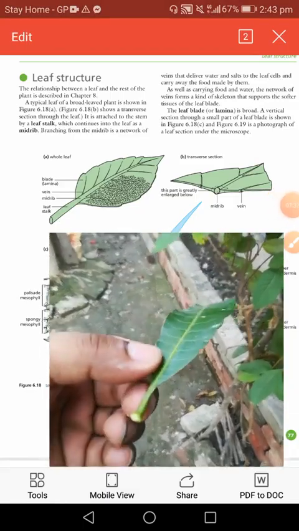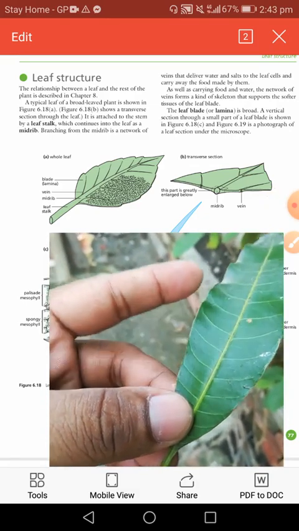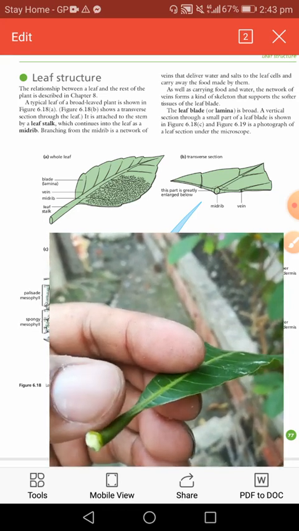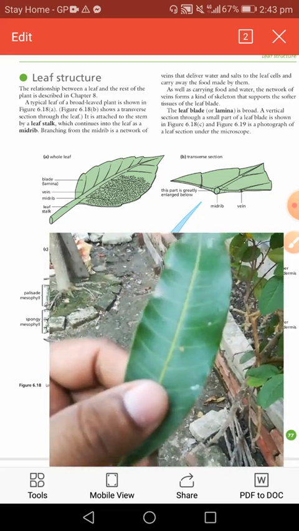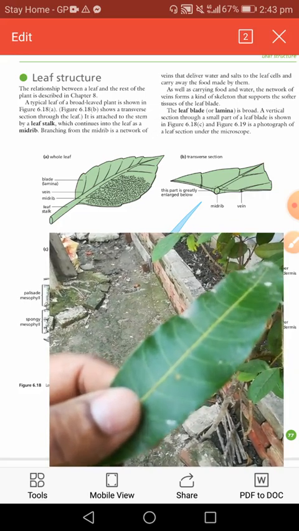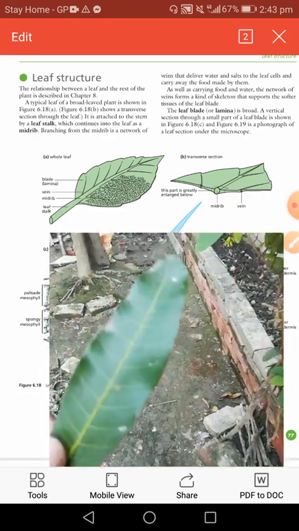So it is the midrib, and then these spreading parts are the veins. And this part is the leaf stalk. Compare this structure of the leaf with the diagram showing at the left top corner.